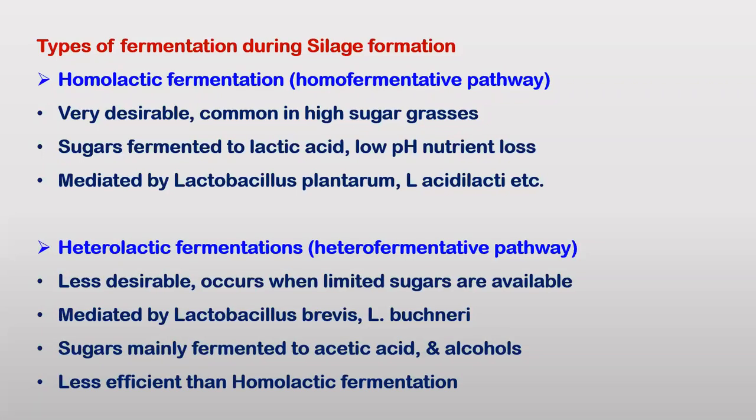Sugar is mainly fermented to acetic acid and some amount of alcohols, which is less efficient than homolactic fermentation. Because in silage making, lactic acid fermentation is the most suitable, and lactic acid producing bacteria should be in high number for better preservation or better quality of the silage.